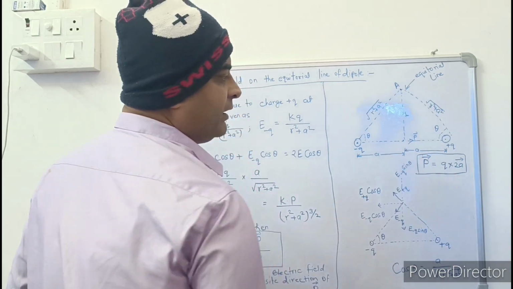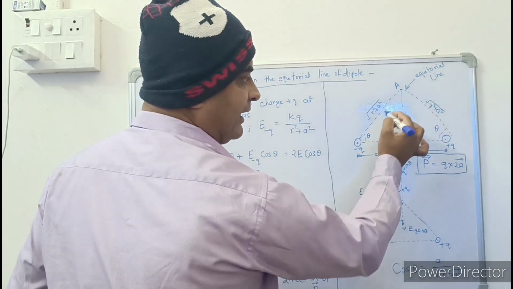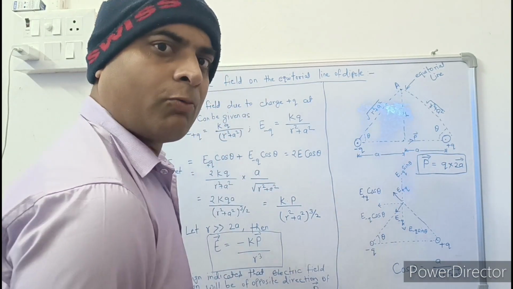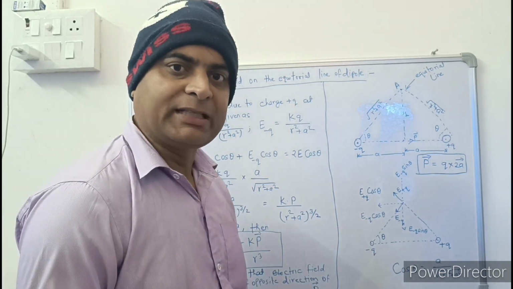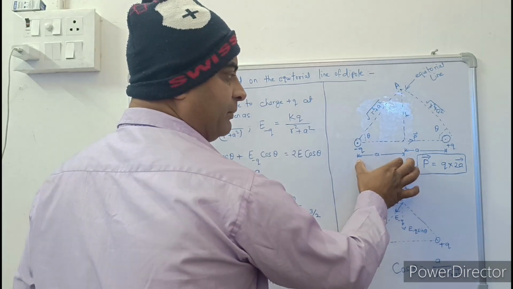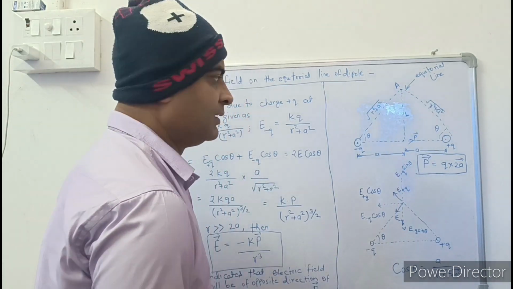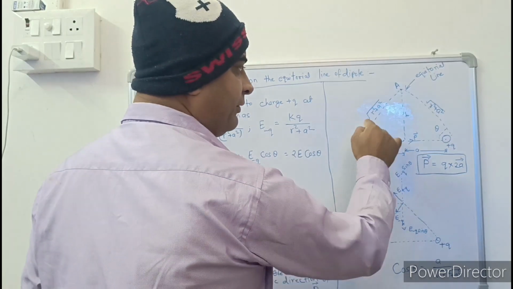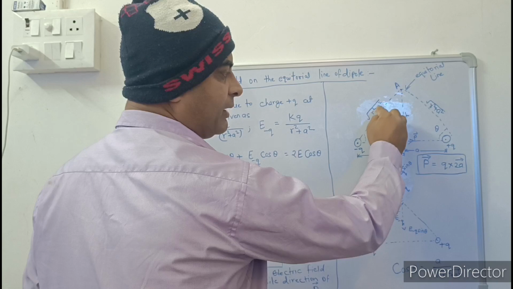and likewise from the center of the dipole to the positive charge it is a. This is a right angle triangle, and this is theta. What will be the hypotenuse? From Pythagoras theorem, base squared plus length squared gives the hypotenuse length, so it is the square root of r square plus a square.